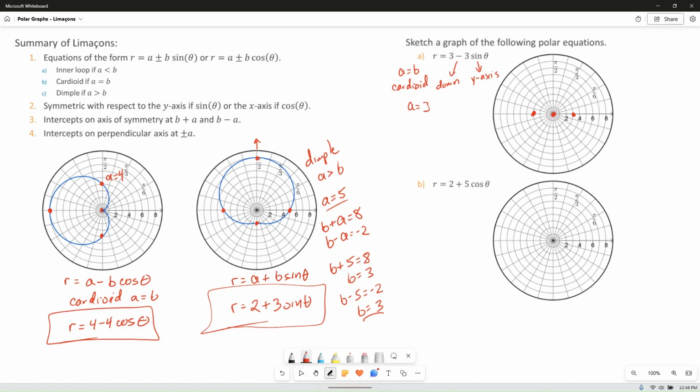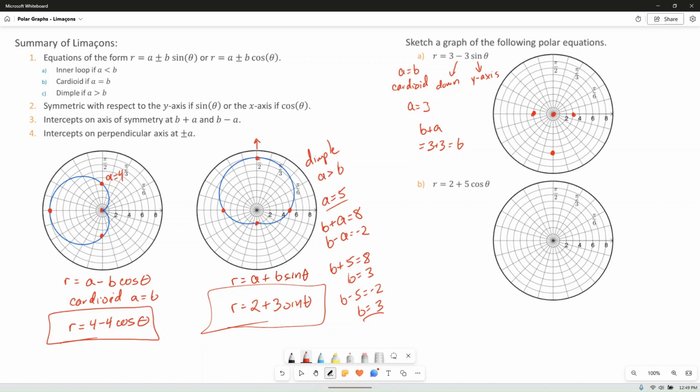And then the other point on the cardioid we can get by doing b plus a, which is 3 plus 3, which is 6. So it's going to be 6 units and it's down. So it's going to go 1, 2, 3, 4, 5, 6. So it's going to be down on the y-axis where the y-axis intersects the circle of radius 6.